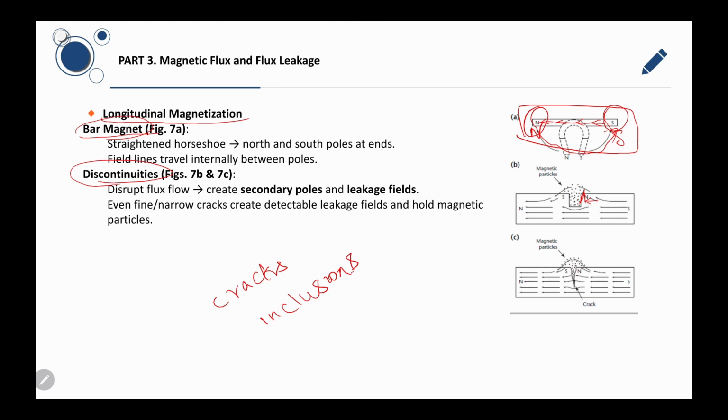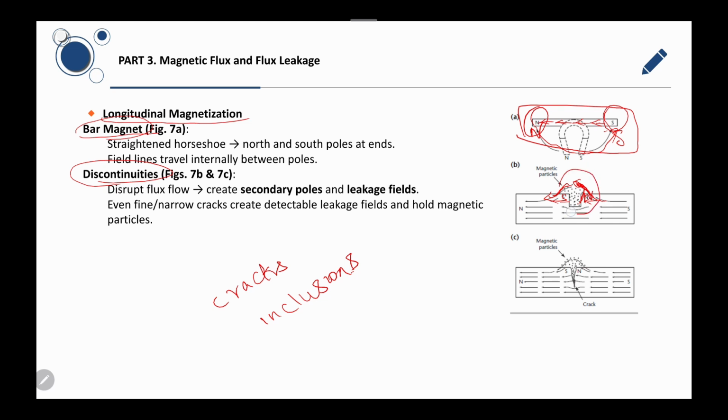This disruption causes the flux lines to exit the material and re-enter, creating secondary poles and a localized leakage field around the discontinuity. Here, the magnetic flux lines exit and re-enter the material, creating secondary poles, north and south.